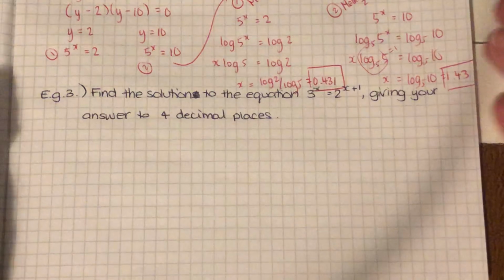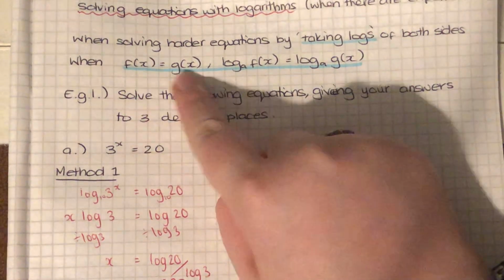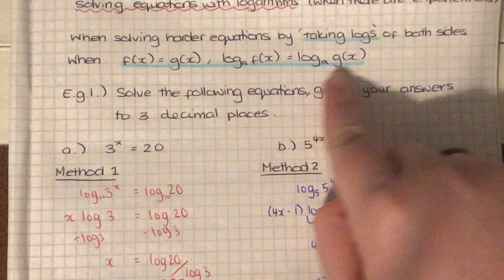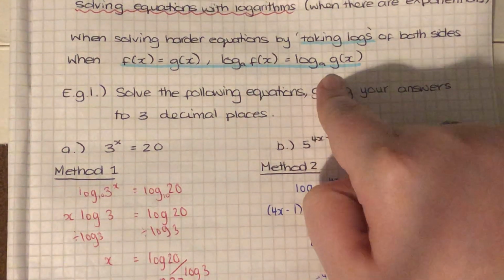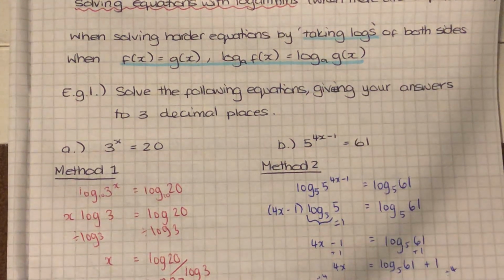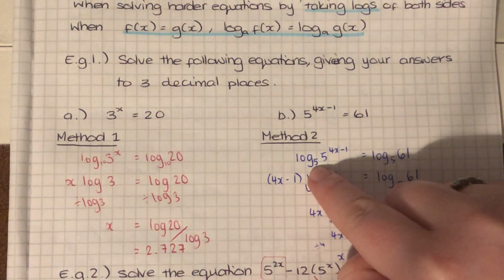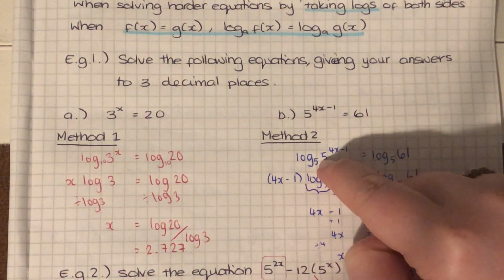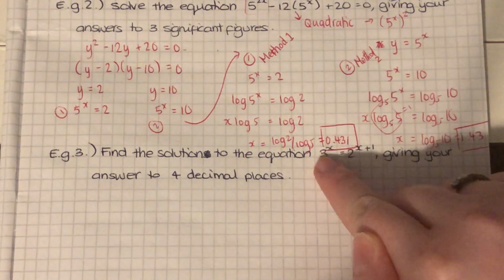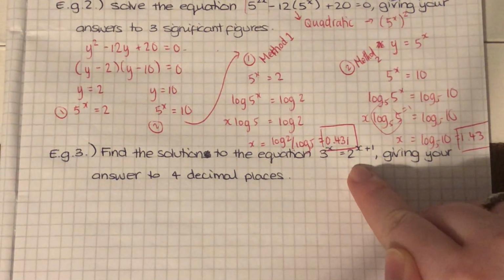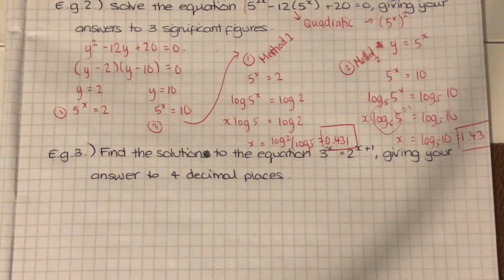So if I just scroll back to the top. I wrote here that when f of x is equal to g of x, when you take logs, they have to be the same base, that's what the little a's are about, they're equal. Now if we use method 2, the base has to be the same as the big number here, but that's not going to work for this question, because this one would have a base of 3 and that one would have a base of 2, which means they won't be equivalent to each other.